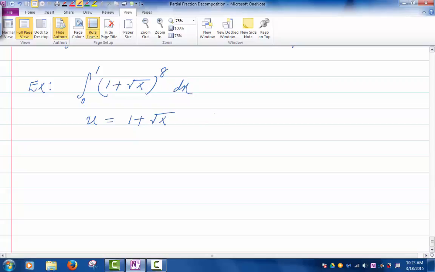Well, if I have that, then what can I say about root x? What can you say about root x? Root x would be u minus 1, right? Am I right? And then what will x be?